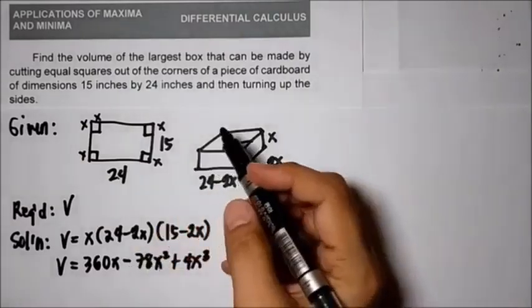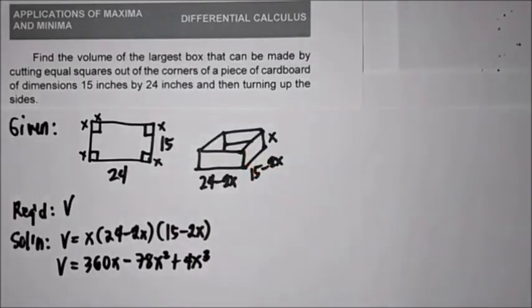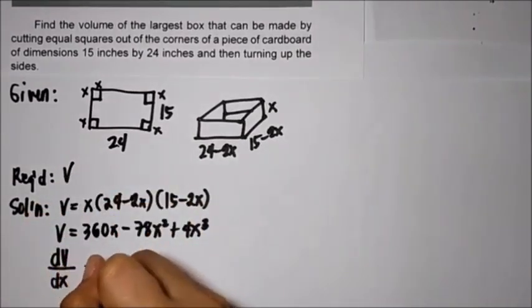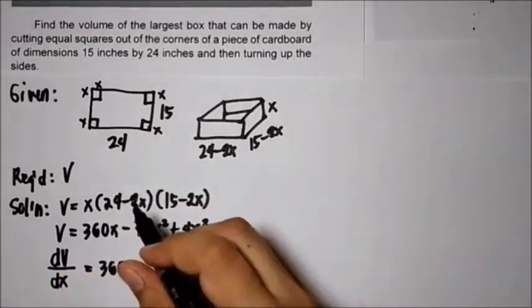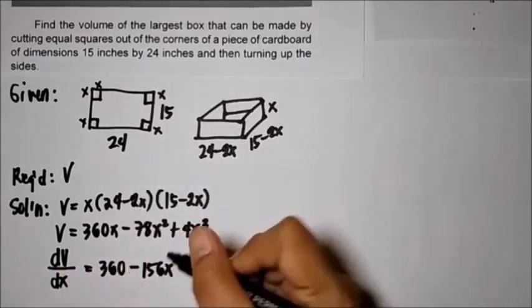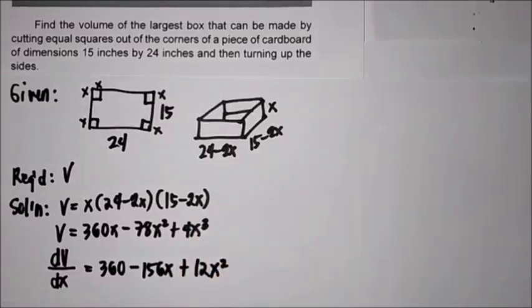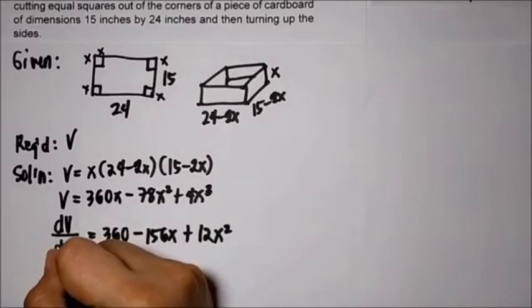So since the given is expressed in single independent variable, we can now differentiate the volume with respect to x. So differentiating, we have 360 and then negative 156x plus 12x squared. So since the volume is maximum, we can equate dV over dx to 0.